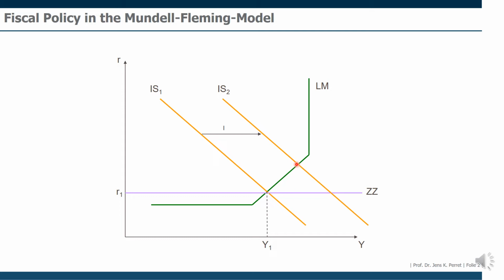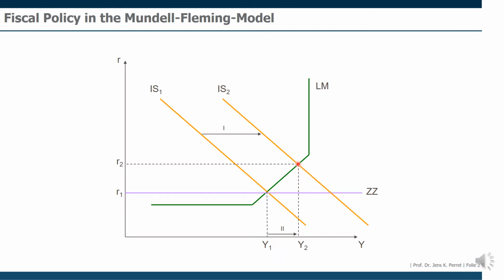So in other words, we also get a new interest rate, R2, which is higher than the world interest rate, R1, given via the ZZ curve. This lies above the ZZ curve, meaning the interest rate in our country, domestically speaking, is higher than the interest rate abroad, making it more profitable to invest in our country.